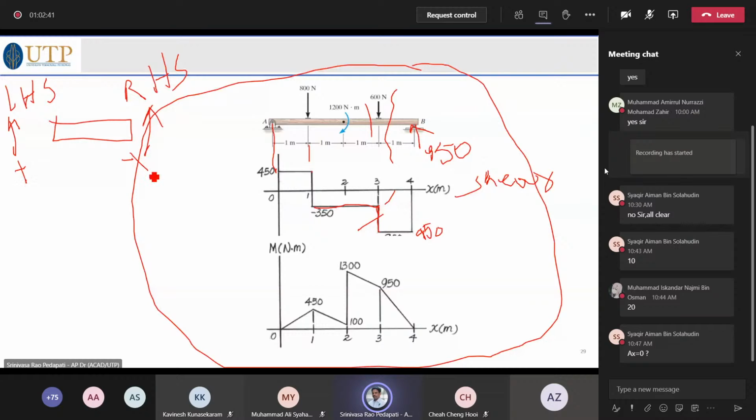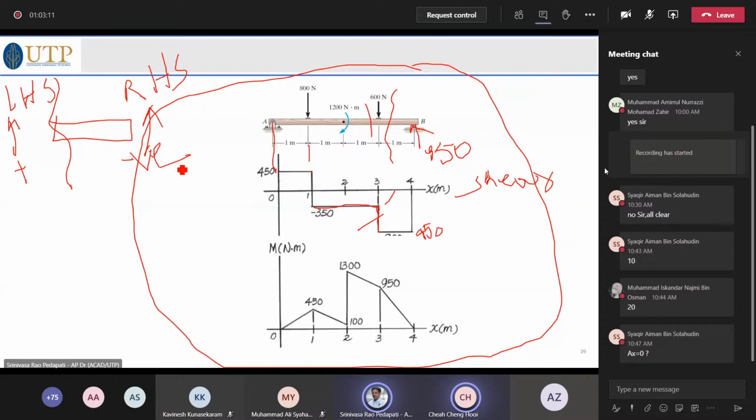You got it? So if you take this section and consider the LHS, then upward force is positive. If you take the right section, to make uniformity, in some books they say right hand side upward is positive, then left hand side should be negative.